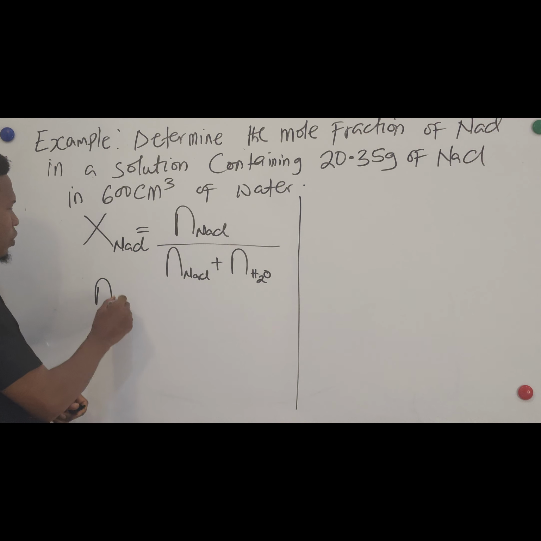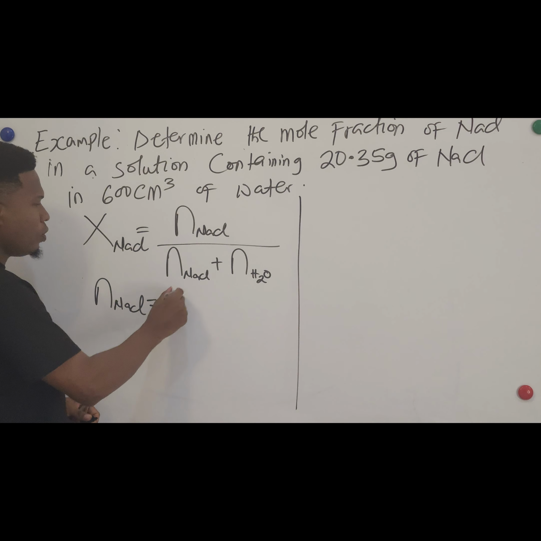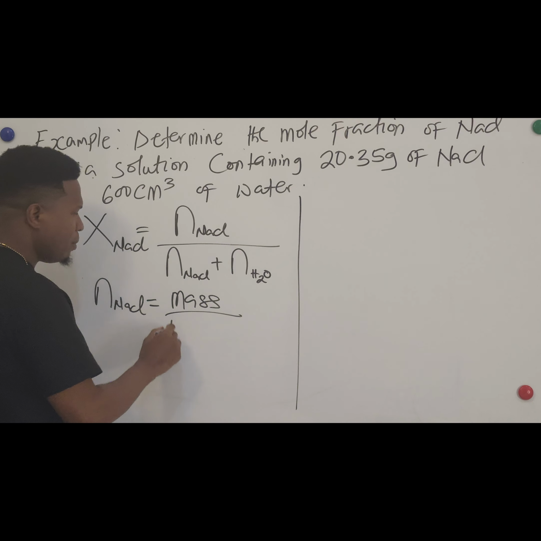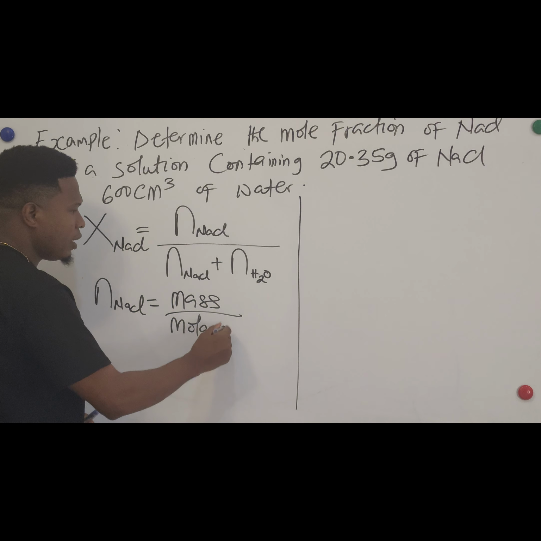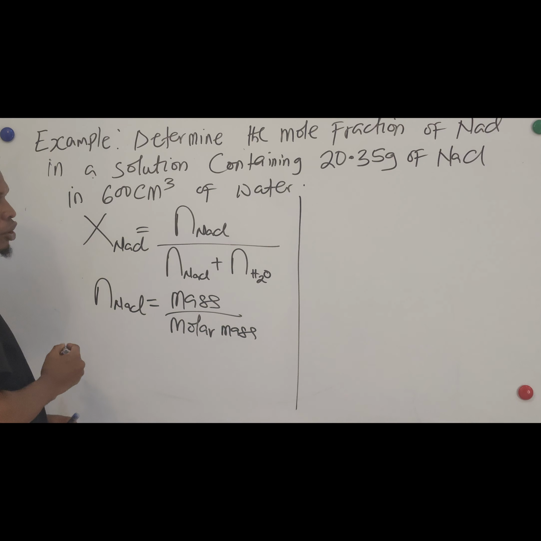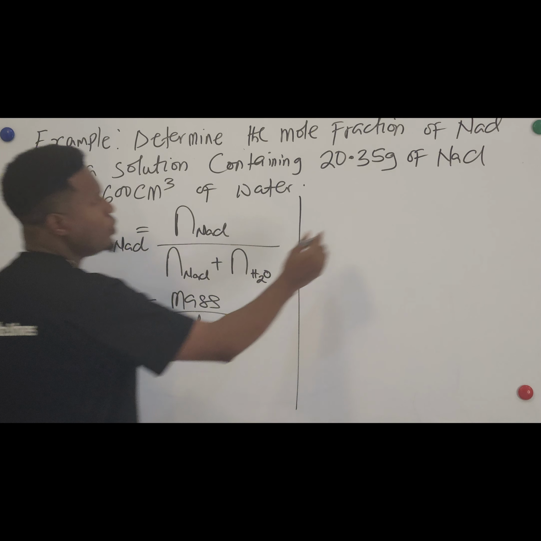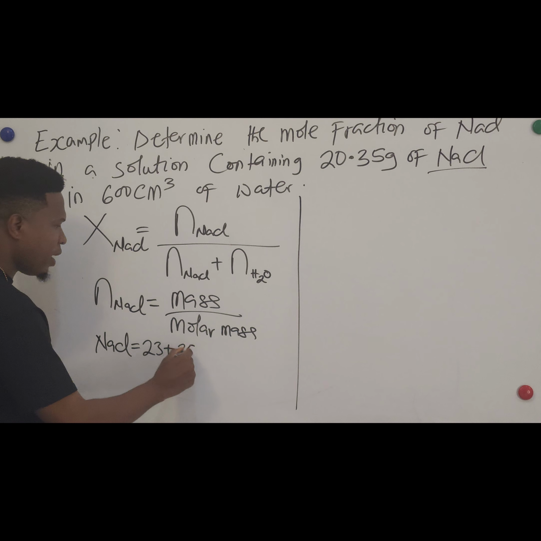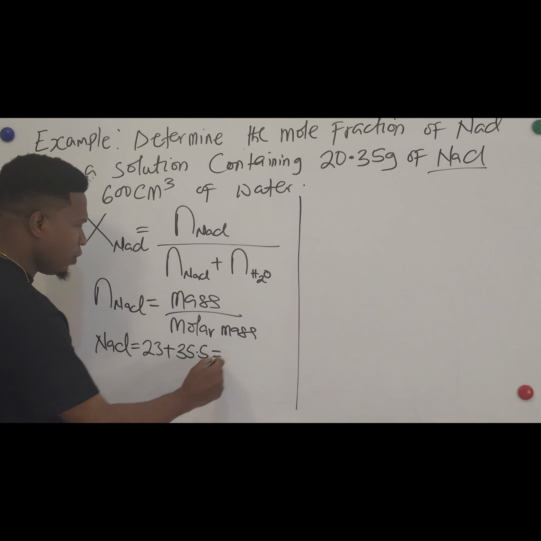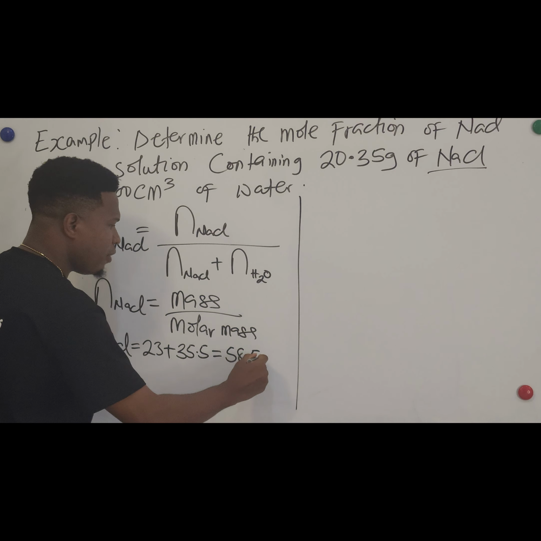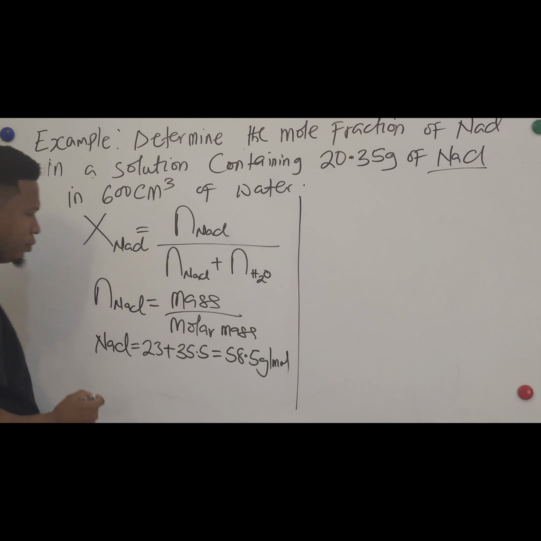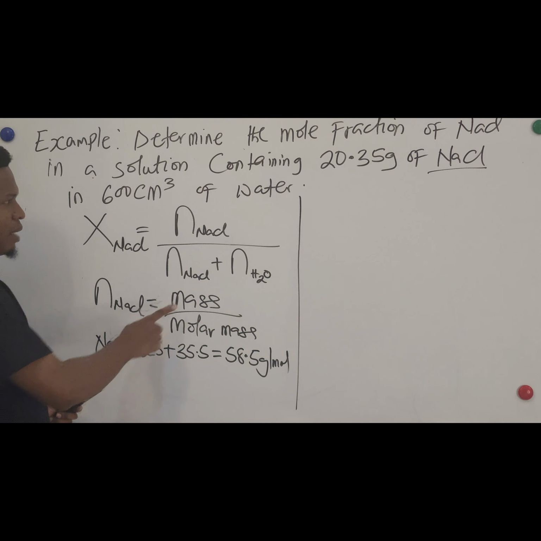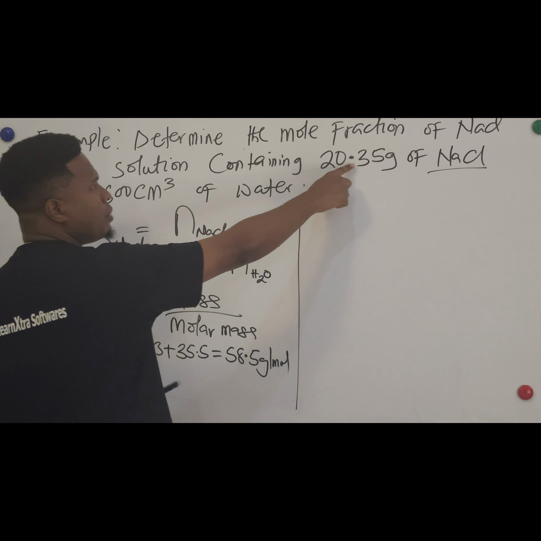How do we get the number of moles of sodium chloride? It is equal to the mass of sodium chloride over the molar mass of sodium chloride. At your age, you should be able to get the molar mass of sodium chloride, which is 23 plus 35.5. That gives us 58.5 grams per mole. The mass was given as 20.35.